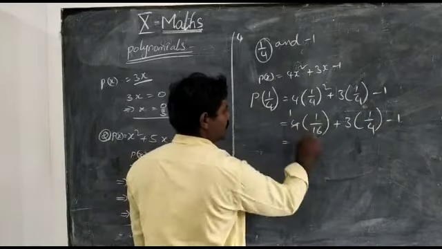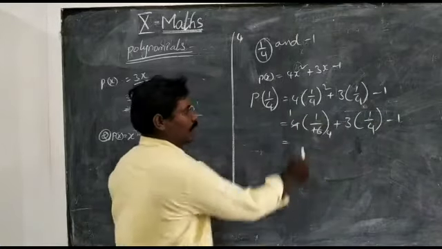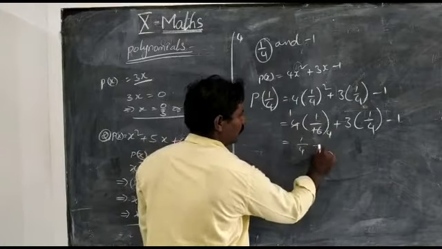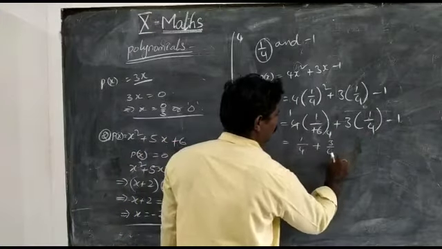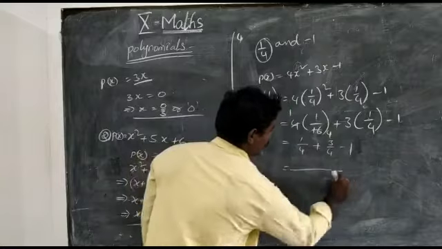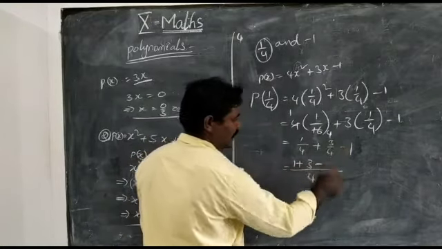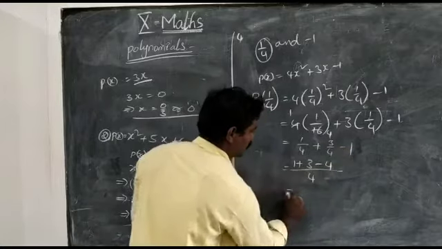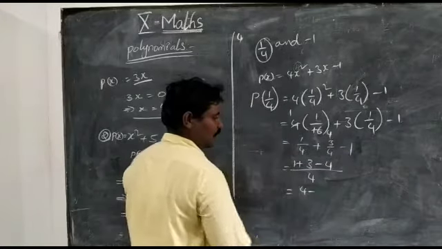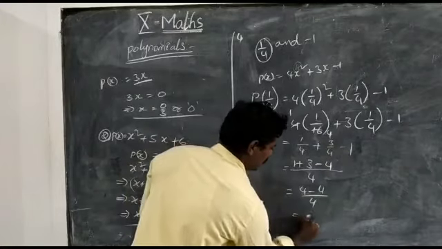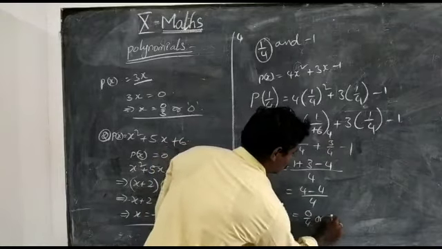If you simplify, this is 1 time and it is 4 times, 1 by 4 plus 3 by 4 minus 1. Find the LCM here, 4. 1 plus 3 minus 4 by 4, we get 0 by 4 or 0.